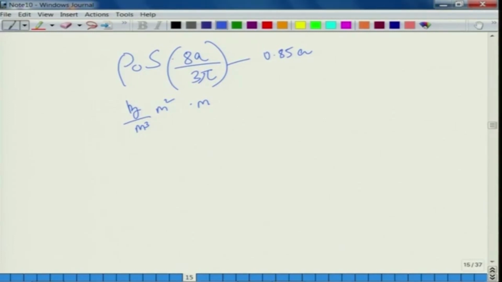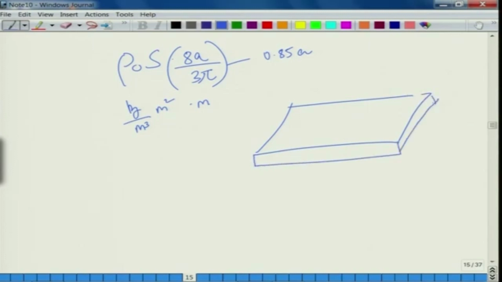Similarly, suppose you have things like big sheets, or let me draw it for you. You have holes that are distributed across the face.